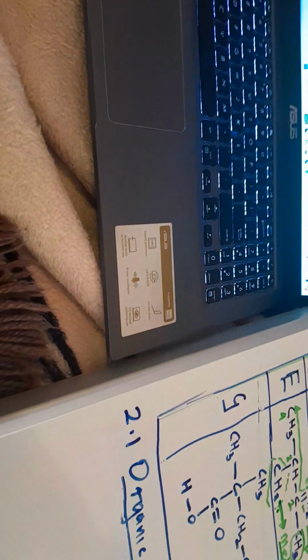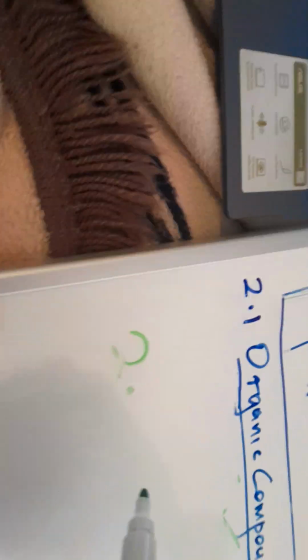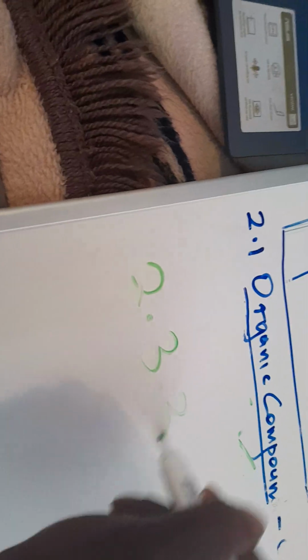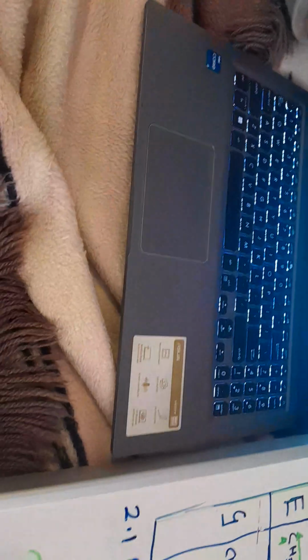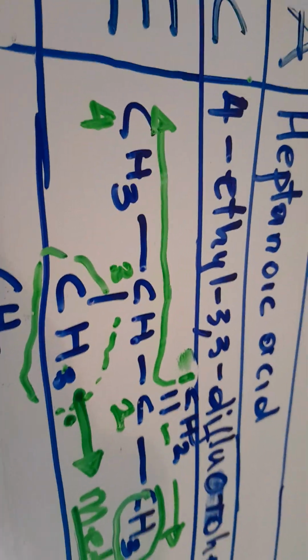Okay, so we are in question number 2.3.3, and we want the general formula, compound E. By the way, compound E, we've identified it as an alkene.